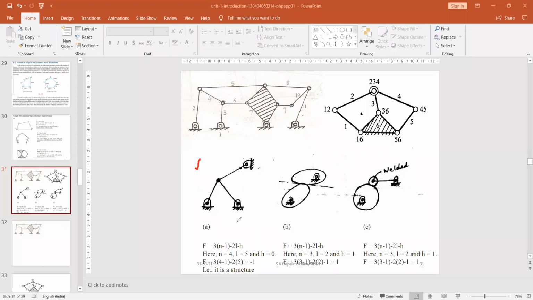Number 330, respond. Okay, just observe that. How many links? 5.